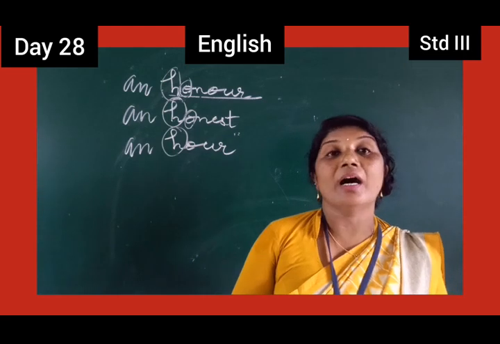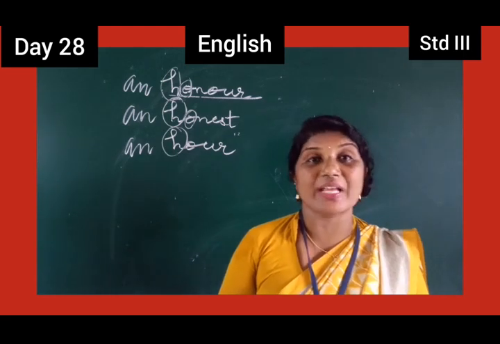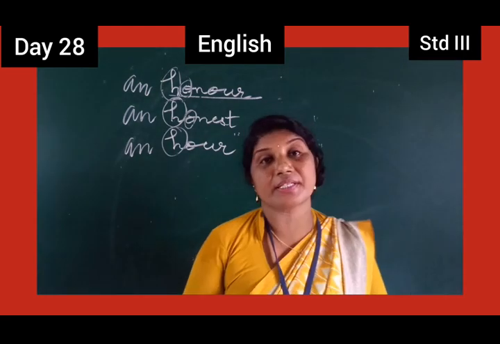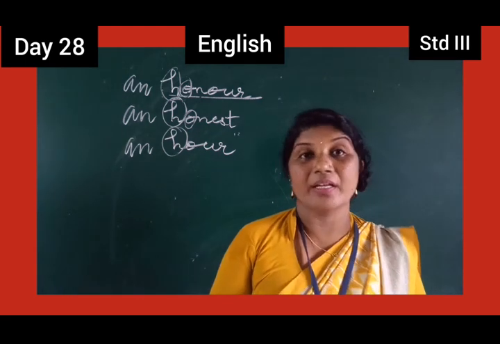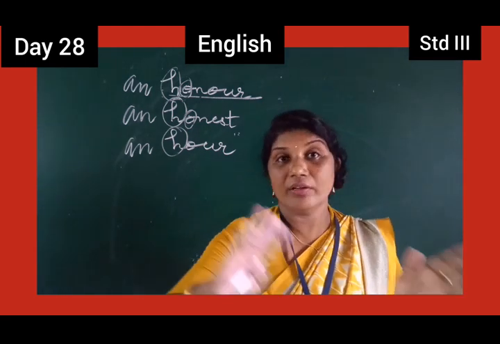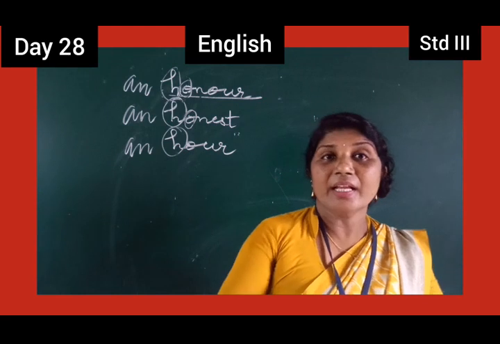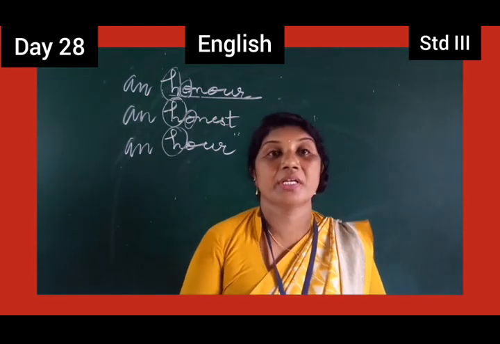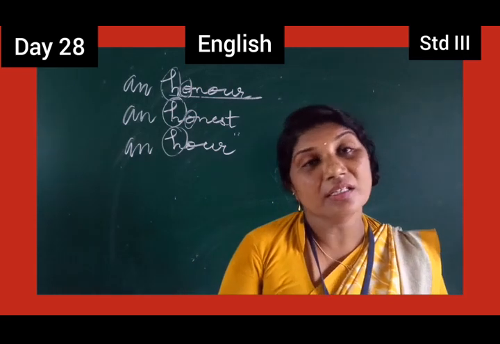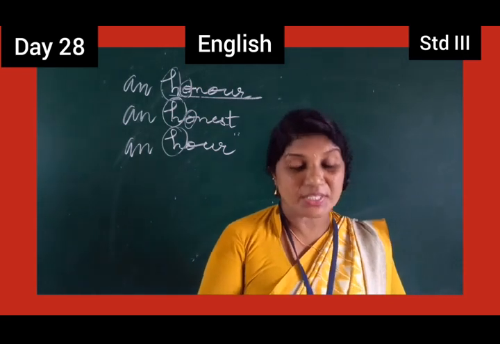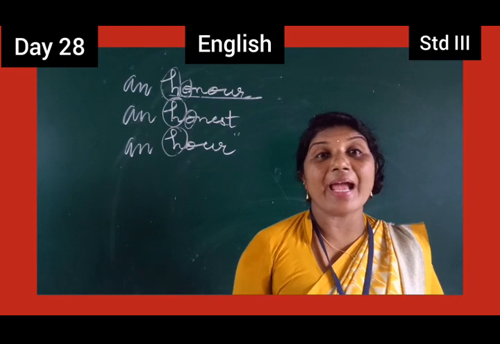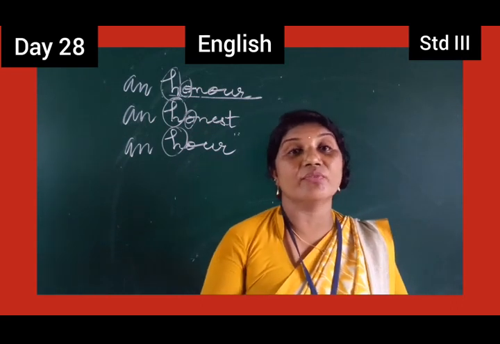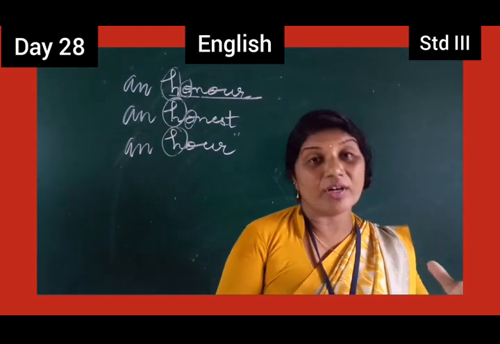Understood, children? Then now listen to me. How many letters are there in the English alphabet? There are 26 letters in the English alphabet. From A to Z, right? A, E, I, O, U. These are vowels. Rest of the letters are called consonants. Then we use an in front of the word beginning with vowels.